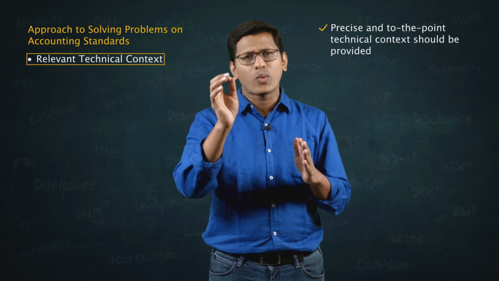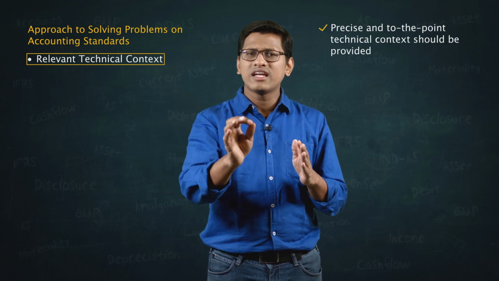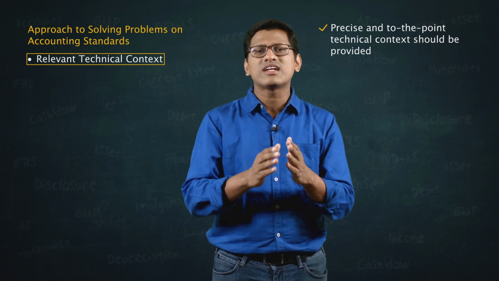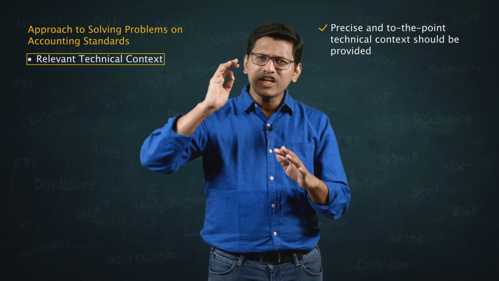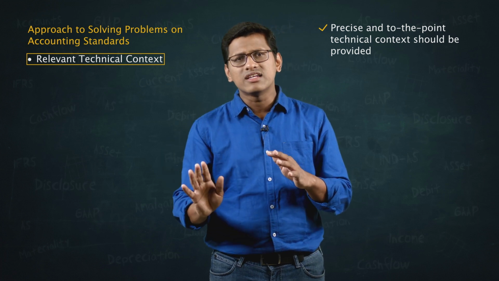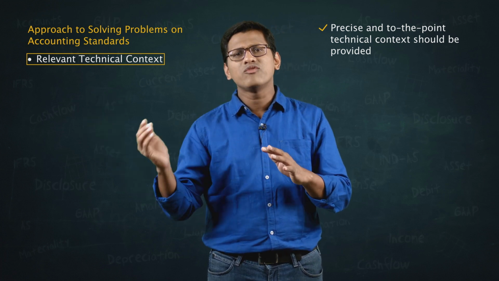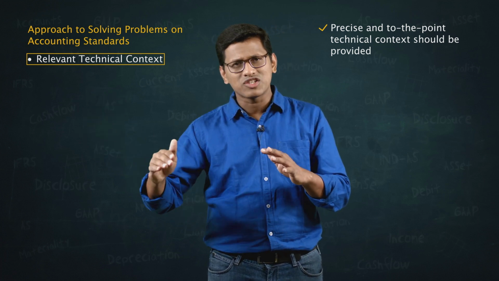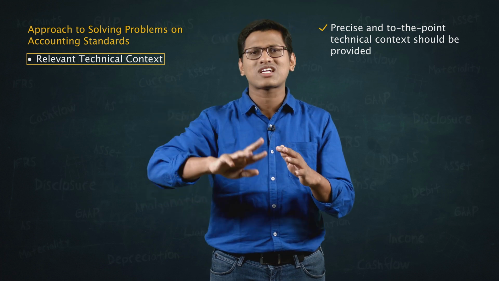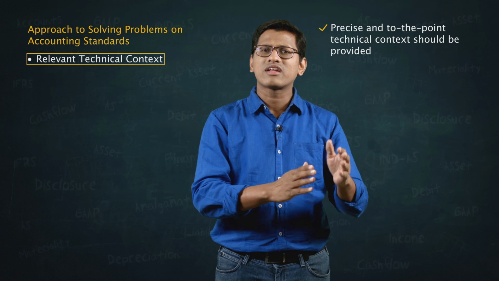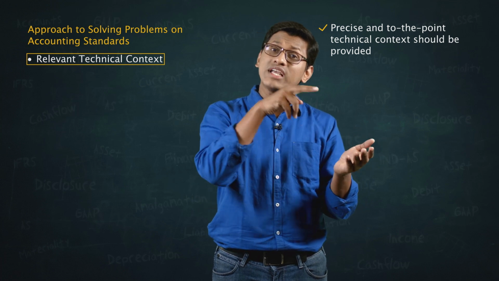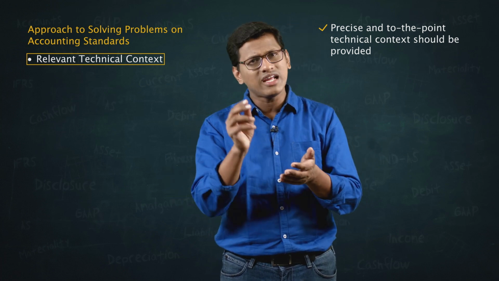So if the question is about, say, a subsequent event that is adjusting in nature, go straight to that point in the accounting standard, saying okay, subsequent events are events which occur after balance sheet date, which provide additional evidence to circumstances existing on balance sheet date, and need so and so treatment. Or maybe it is because of going concern adjustment, it is becoming an adjusting event.